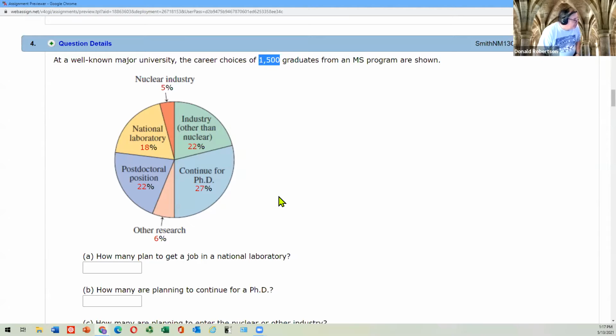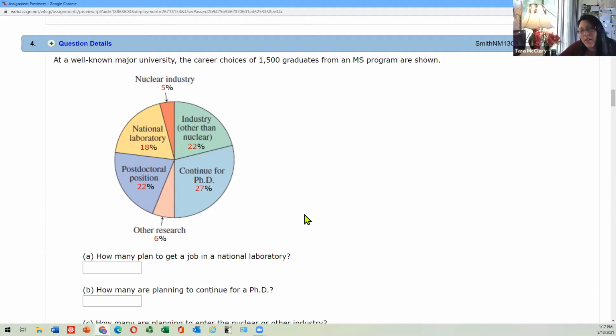If I wanted to know how many were going to go and do stuff in the nuclear industry, wouldn't it be 5% of that number? Those who are going to continue and do a PhD would be 27% of that number. So basically, we want to take the percent to a decimal and then multiply that by the total.